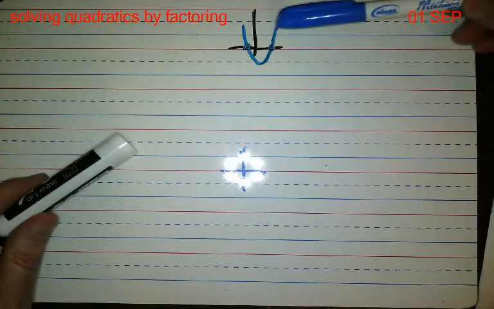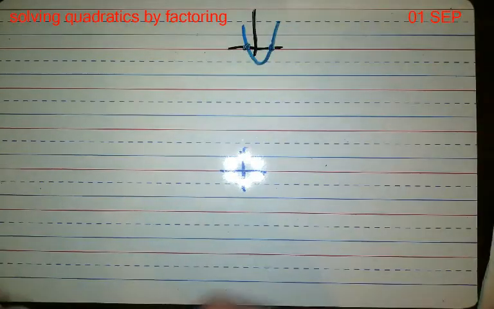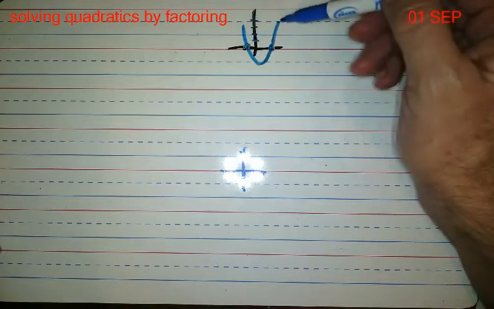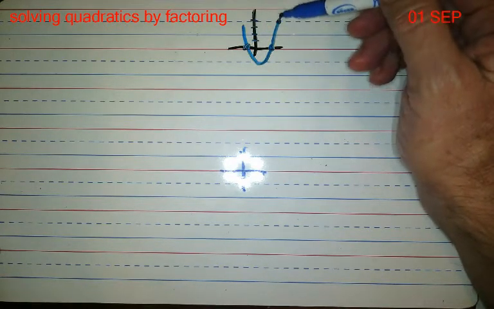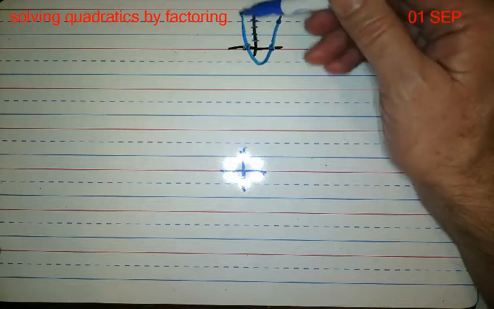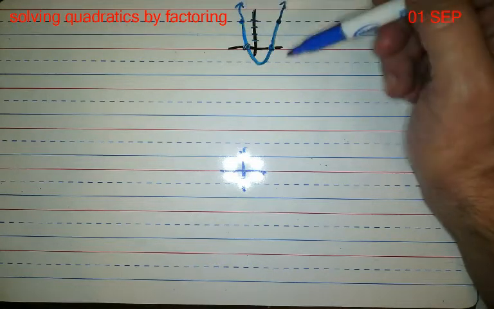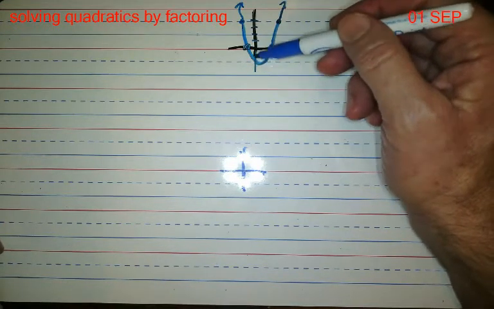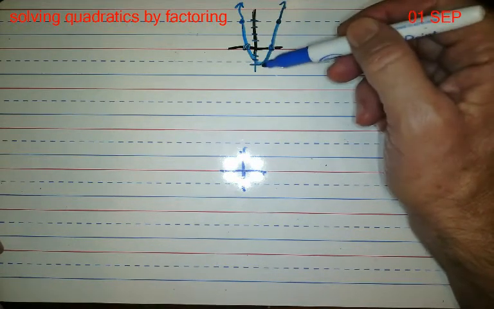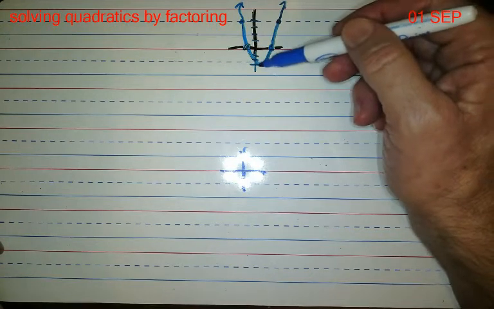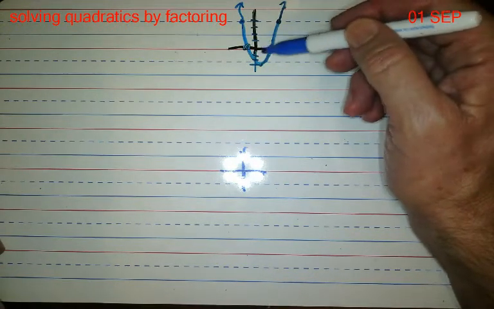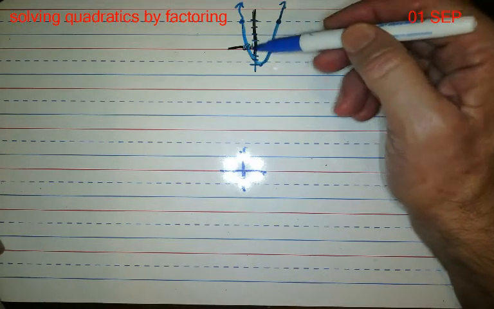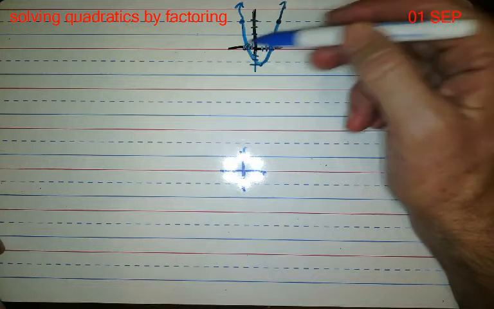So up here the parabola is equal to, let's say, 4. 1, 2, 3, 4. Right here the parabola is equal to 4. Over here the parabola is equal to 4. Down here the parabola might be equal to -3. But here, the x-intercept, is the place where it's equal to 0.